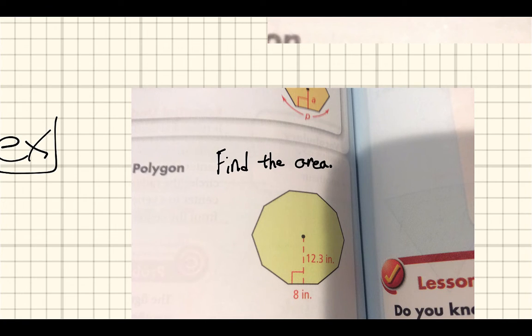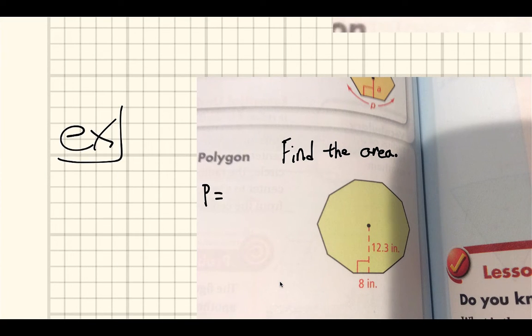The nice thing about this one is this distance here is already the apothem, and this distance here, 8, is going to help me find the perimeter. Before I can find the perimeter, let's count how many sides I have. 1, 2, 3, 4, 5, 6, 7, 8, 9, 10. So this is a decagon. I have 10 sides. So to find the perimeter, 10 times 8, that should be 80 inches for the perimeter.